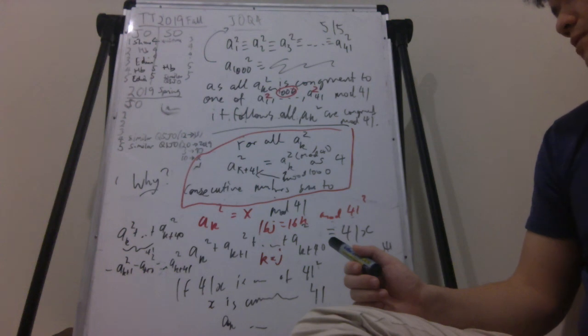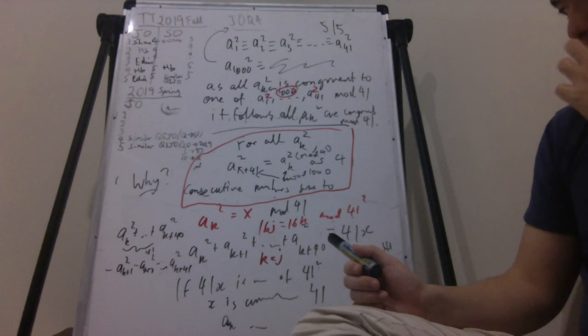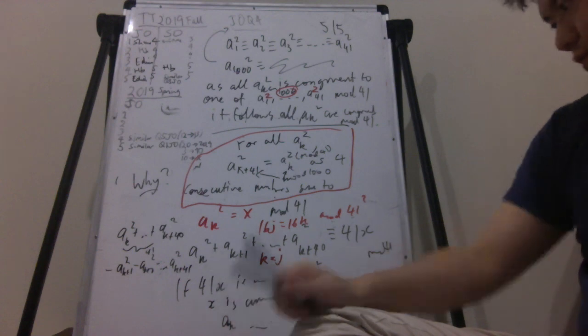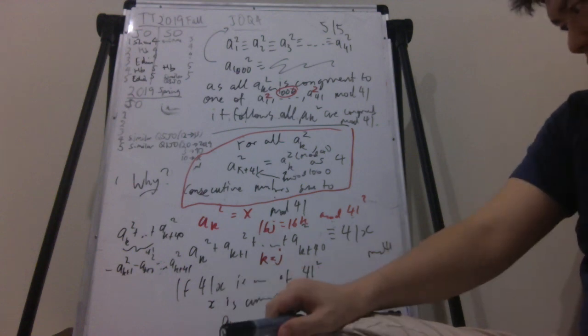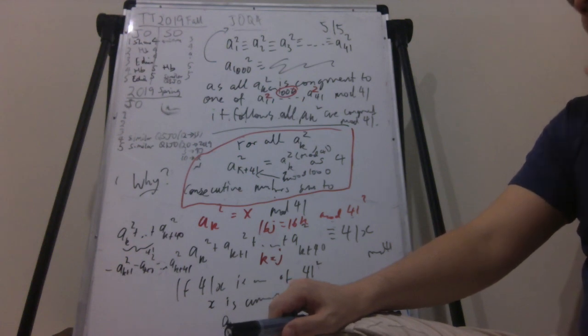And then this is 41. Yeah, so it's saying 41x is 0 mod 41 squared, right?